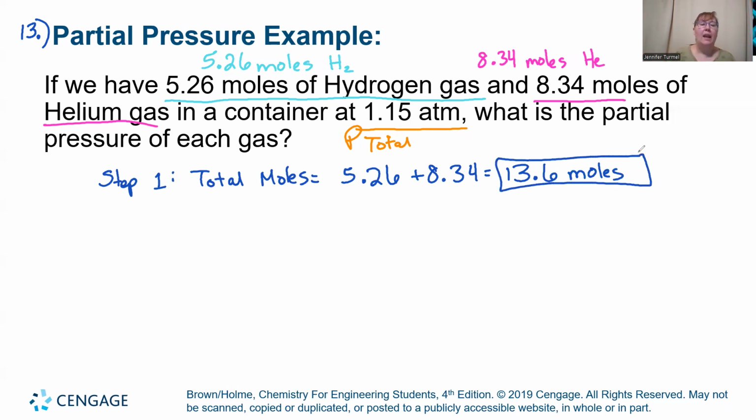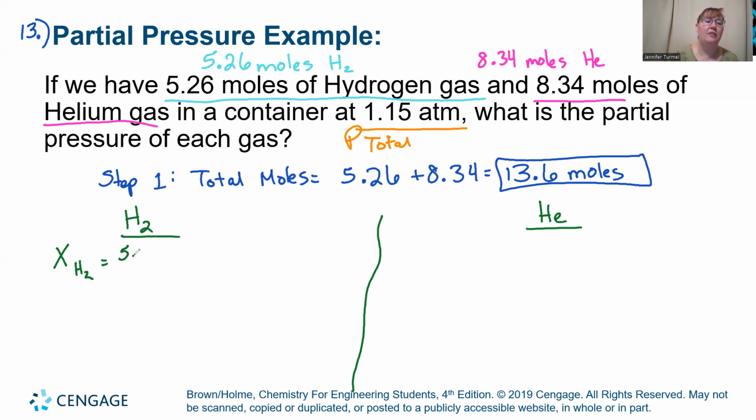Okay. And we know that our P total is 1.15. So the next thing that I'm going to do here is I'm going to find our mole fraction for hydrogen and for helium. So let's go ahead and we'll put hydrogen over on this side and we'll put helium over on this side. And we'll say, okay, the mole fraction of our hydrogen then is equal to 5.26 moles divided by our total of 13.6.